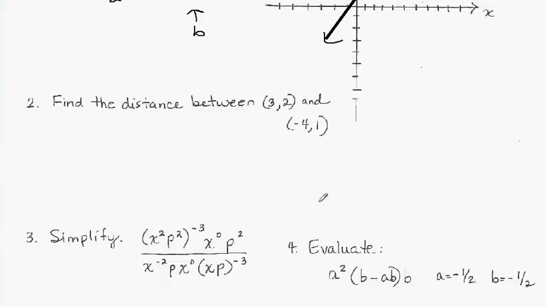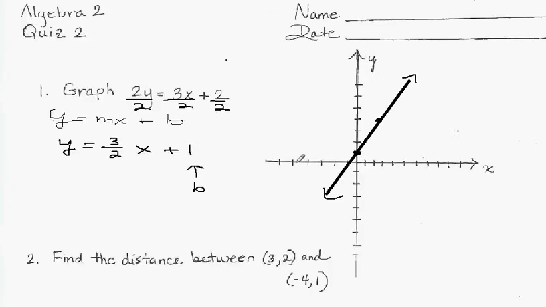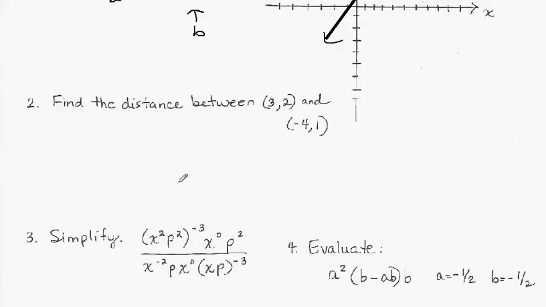Alright, next one. I did this one right before the test on the board, so I'm going to do these really quickly. I'm going to do a really rough sketch. Whoa, that is rough. Okay, and we have 3, 2, and we have negative 4, 1.